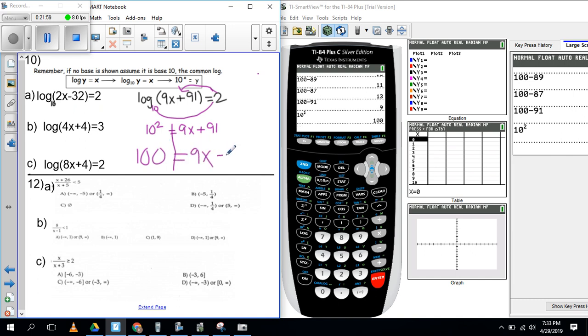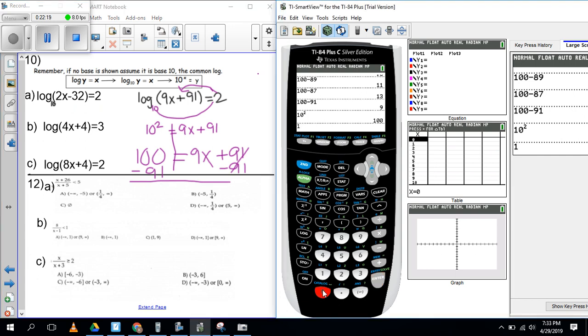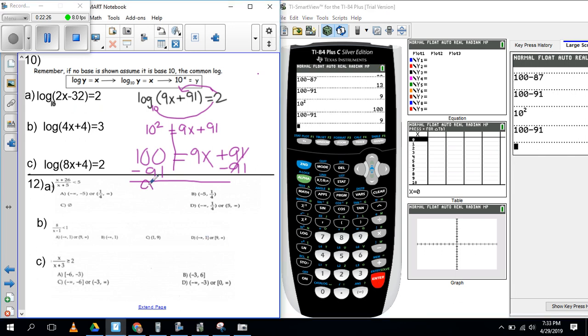Then it's just basically solving for x. Getting x by itself. So all we have to do now is move the 91. So there's a plus 91. So we got to subtract 91 from both sides. So when we subtract 100 minus 91, we should get 9. Okay, so 9 equals 9x, and then divide by 9 on both sides.